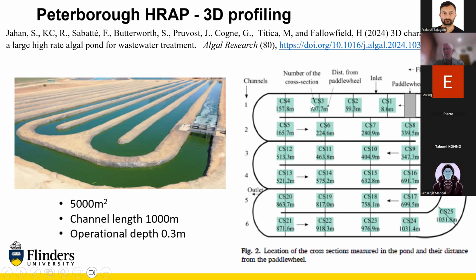The wastewater flows in this direction through the channels and then back round. The travel time for wastewater from here back to here is just over 3 minutes, so it takes about 3 minutes to traverse the kilometre. We wanted to look at conditions within the pond at these points to see how they might change along the channel length. Is that okay?